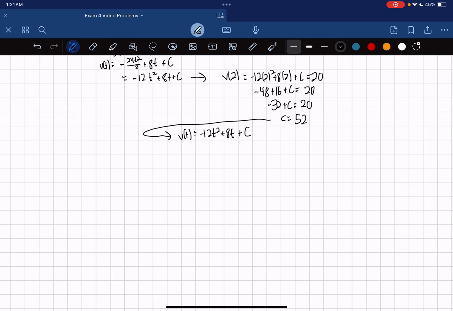So thus, our position equation is equal to the integral of velocity. Meaning, we can integrate negative 12 t squared plus 8t plus c, giving us negative 12t cubed over 3 plus 8t squared over 2.